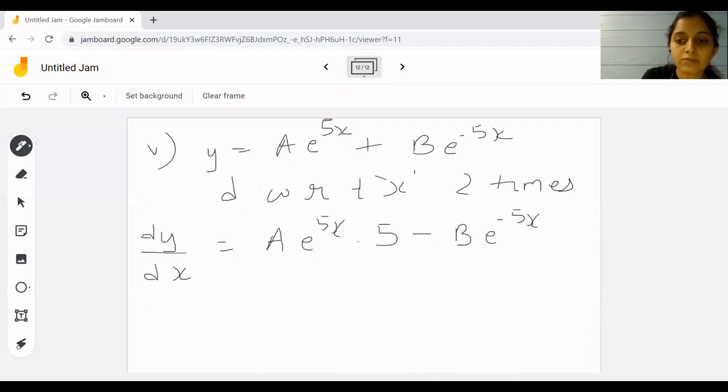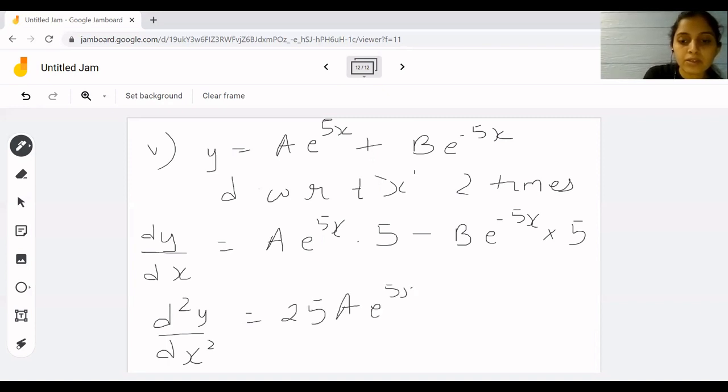So I've directly put that minus sign there. Okay, you can have again the differentiation, so d2y by dx square is equal to 25 a e raised to 5x plus 25 b e raised to minus 5x.